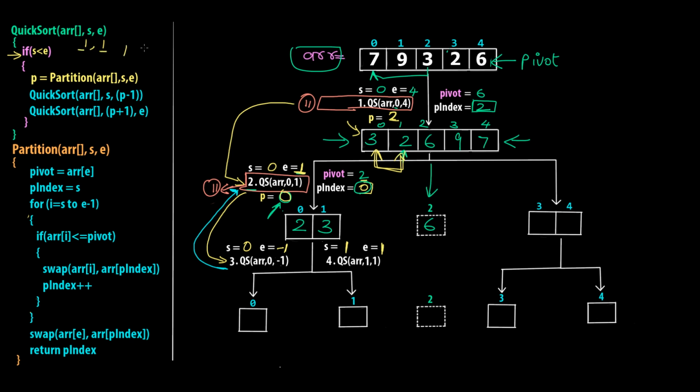No. 1 is not less than 1, right? So again, this entire if block will not be executed, which means QuickSort will not go into a recursive call. One more recursion will not happen. So this QuickSort will be done. So this second QuickSort had called fourth QuickSort, and fourth QuickSort has done its execution.